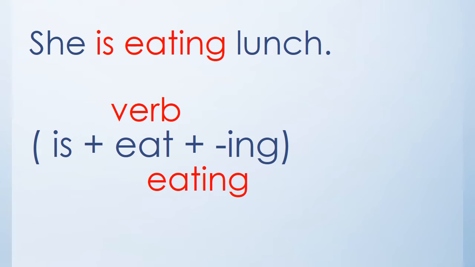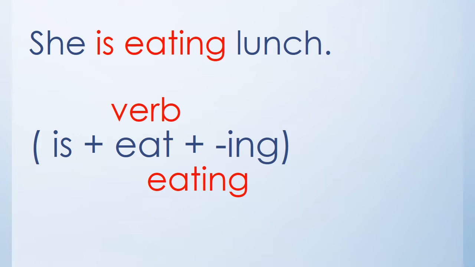She is eating lunch. With she we used is, she is, and what is the verb? The verb is eat. So we add ing to the verb and it becomes eating. She is eating lunch.